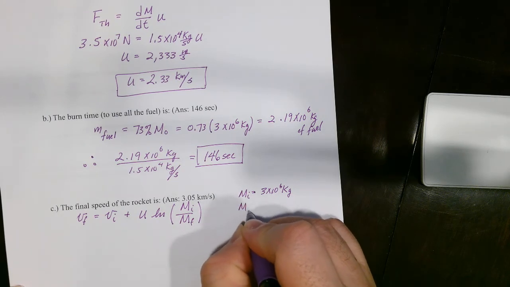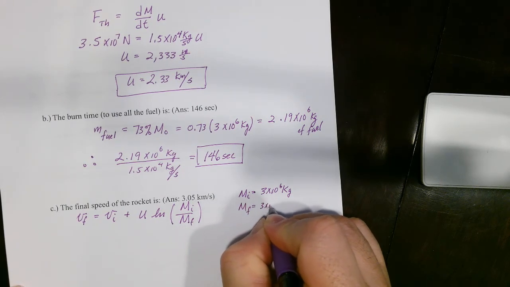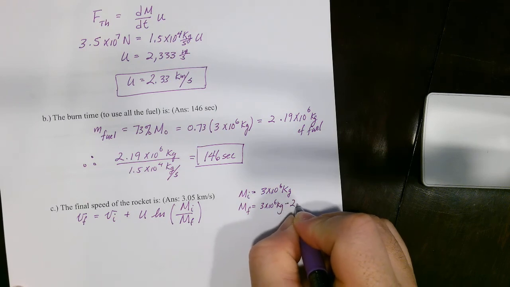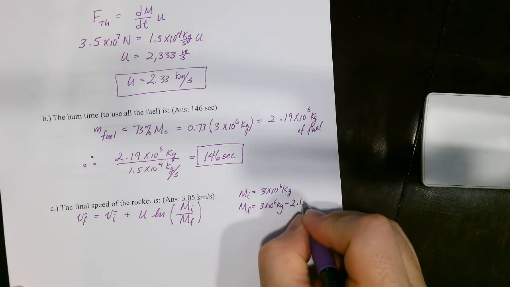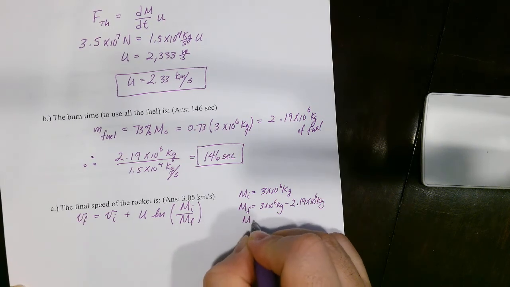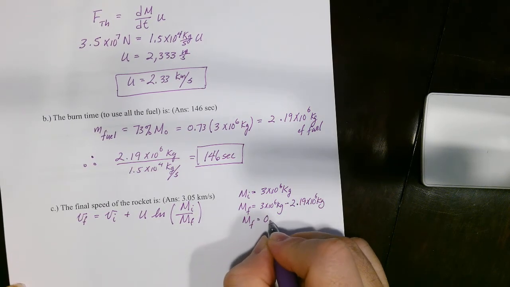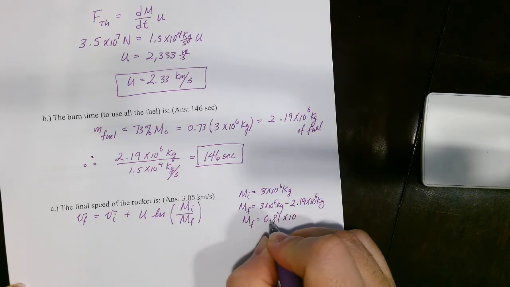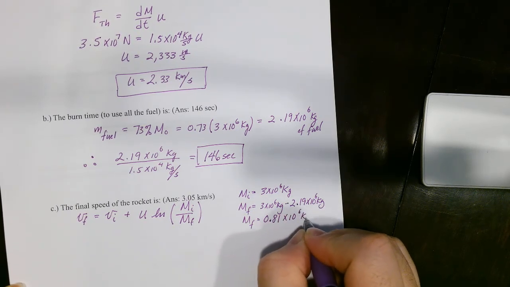So mass final is equal to 3 times 10 to the 6 kilograms minus 2.19 times 10 to the 6 kilograms. So the mass final comes out to 0.81 times 10 to the 6 kilograms.